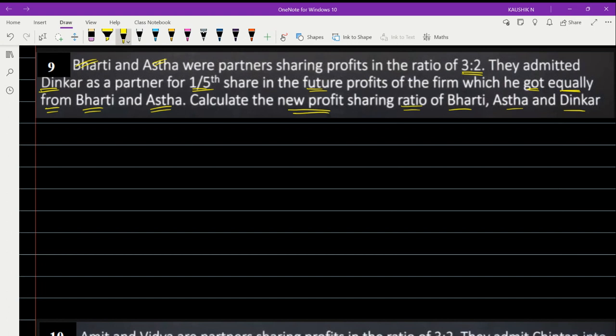But the cases are of three types. One is the simple case or the normal case. The second one is the acquired case. And the third one is the surrender case. In the simple case, you will have information only with respect to who is the new partner and what is his share of profit. They would not have given you how much he is acquiring from the old partners, in what proportion. But here it is very clearly mentioned that he is acquiring equally from both persons.